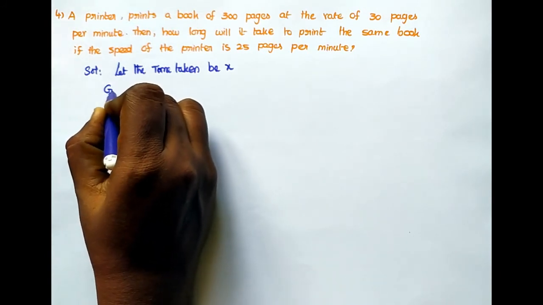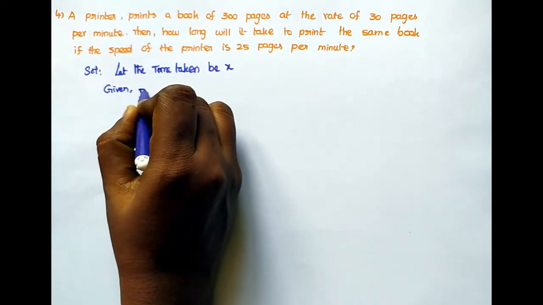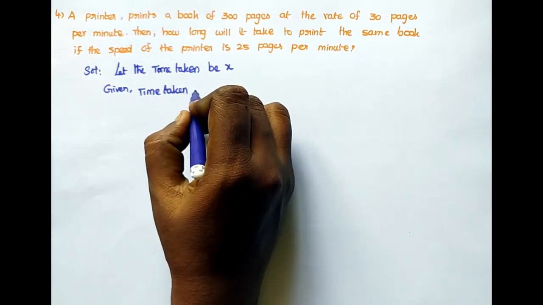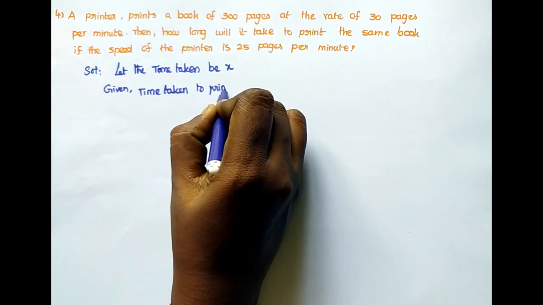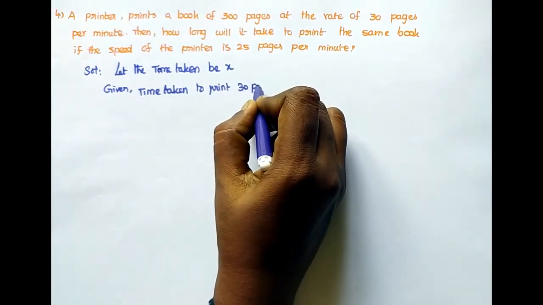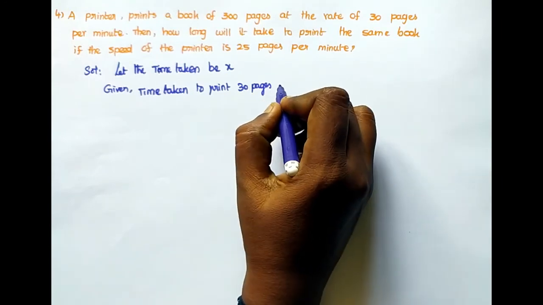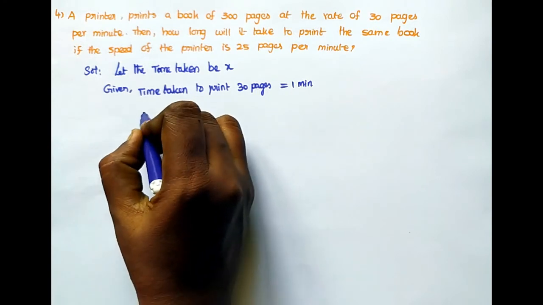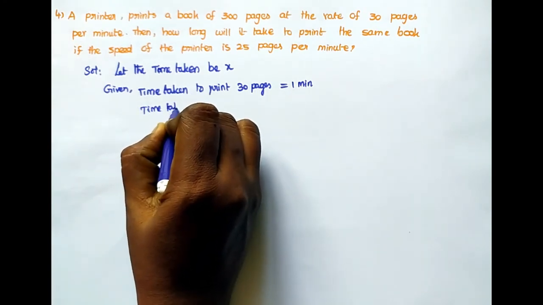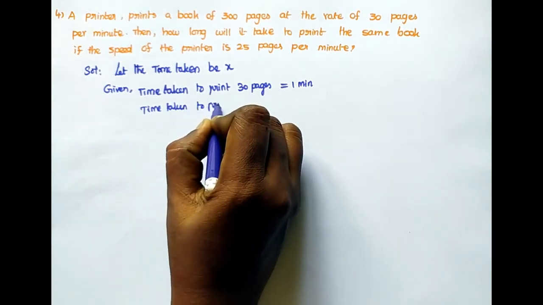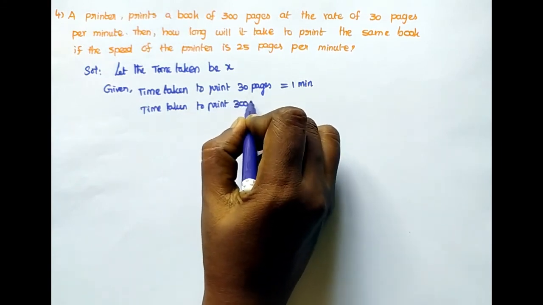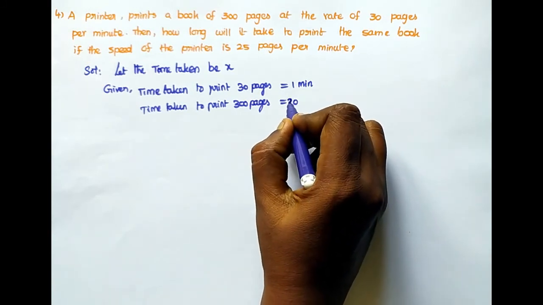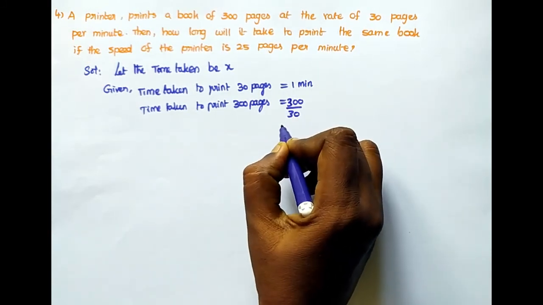First they have given the time taken to print 30 pages in 1 minute. Time taken to print 300 pages means 300 divided by 30, 10 minutes.